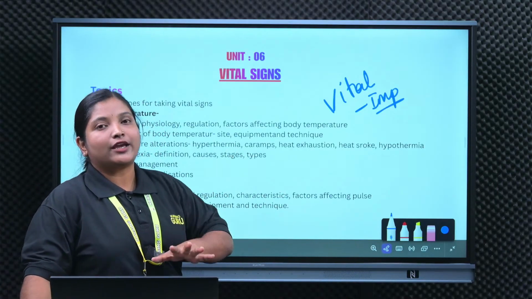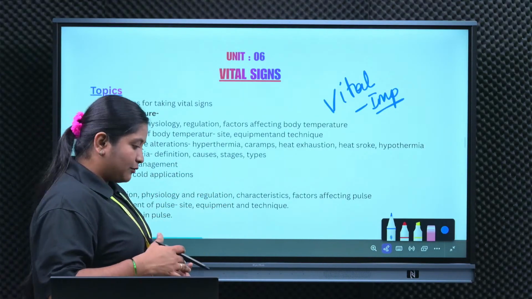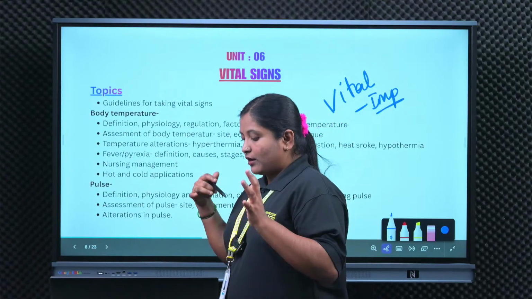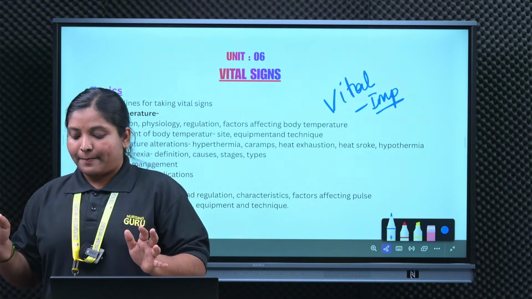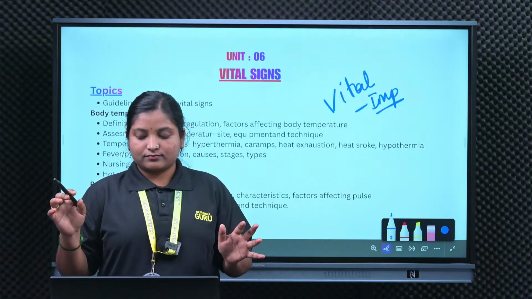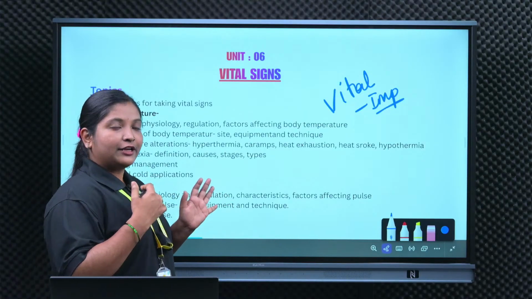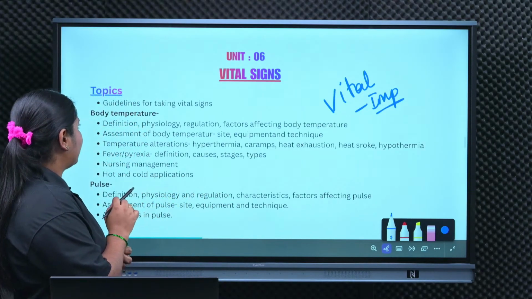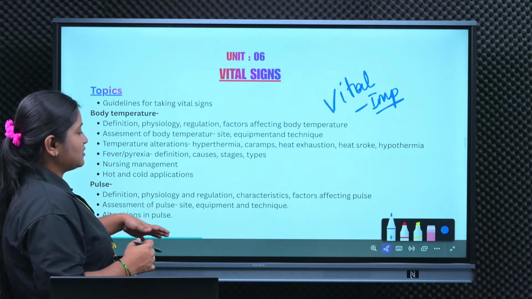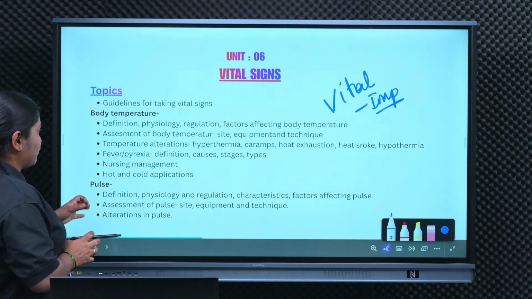Taking them in depth needs so much time, but in this unit we can see a glance of the vital signs, and later in our YouTube channel we are going to take a class on each individual vital sign. First the body temperature, then pulse: how to assess the pulse and the body temperature, the sites, the equipment we use, the techniques, everything we are going to study.